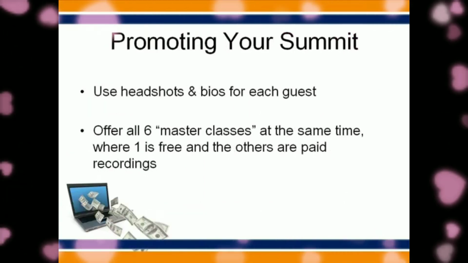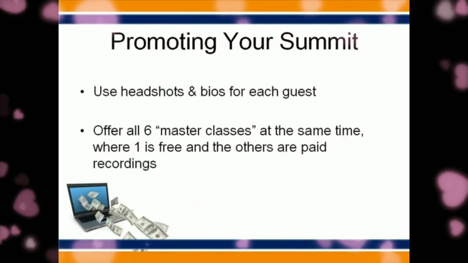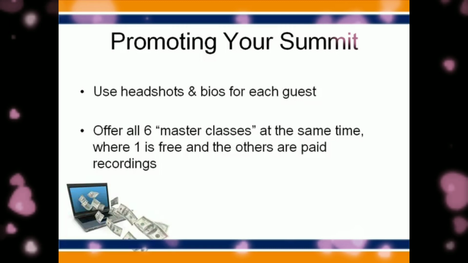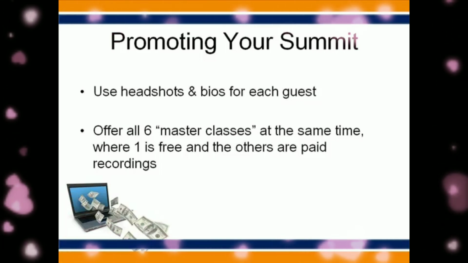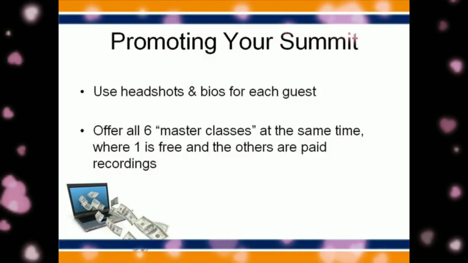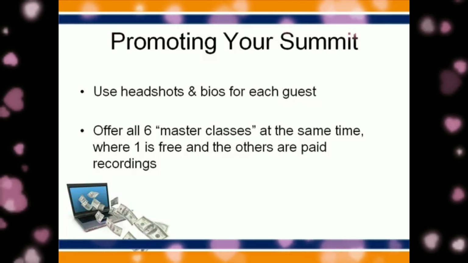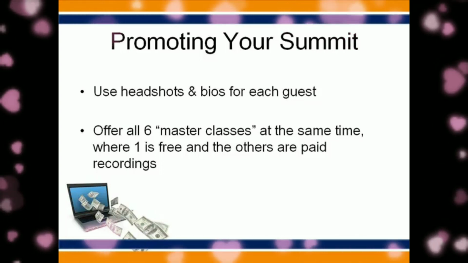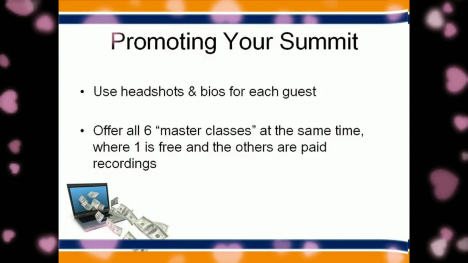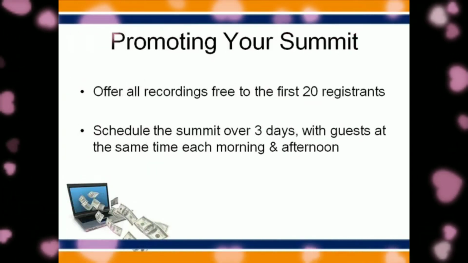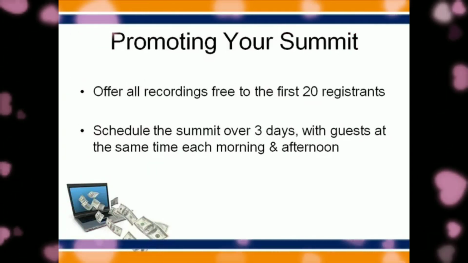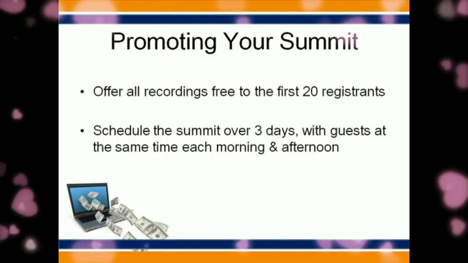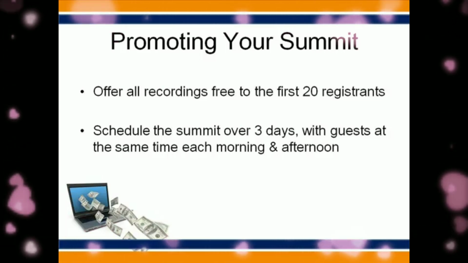You can promote your webinar summit in a variety of ways, using headshots and blurbs about each guest. You can offer 6 different master classes at the same time so that people have to choose only one and pay to receive recordings of the rest. Or you can offer these recordings free to the first 20 registrants. Flexibility is another great webinar advantage.